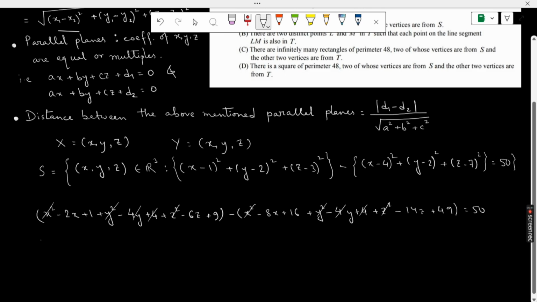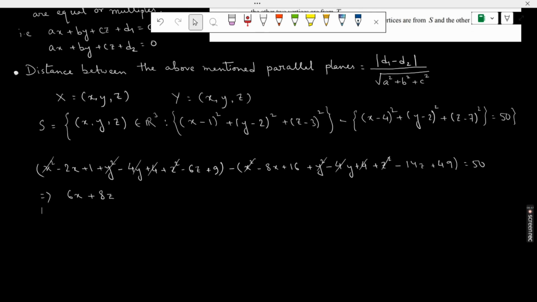Then it is 8x minus 2x, that is 6x, then minus 6z and plus 14z, so plus 8z, and with 50, if we simplify it, it will be minus 105 equal to 0.